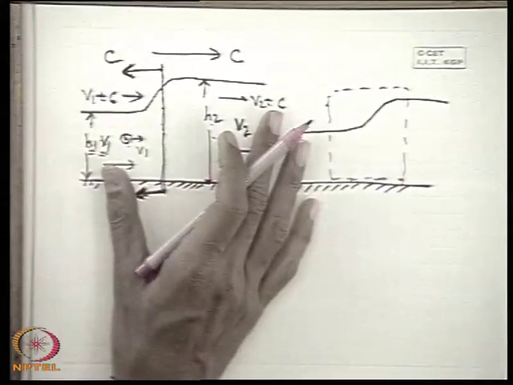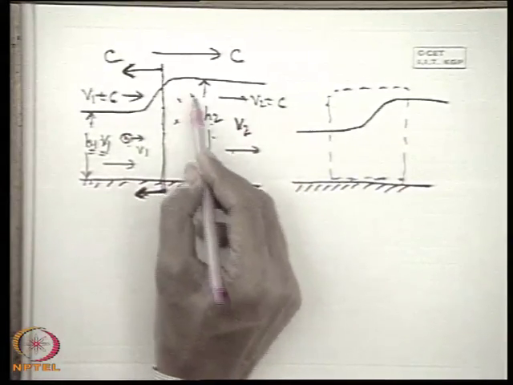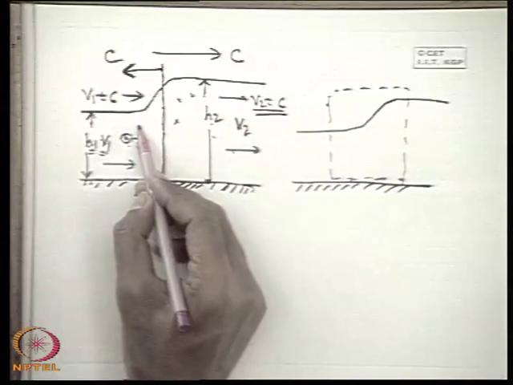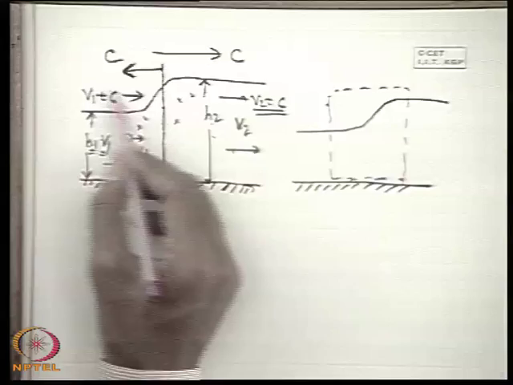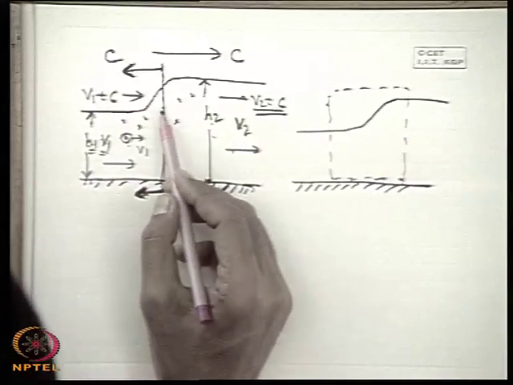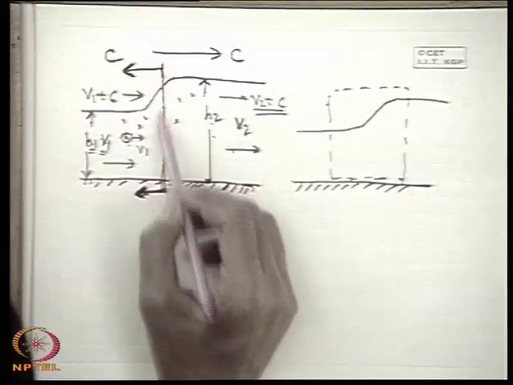Then the flow becomes steady: for all points here the velocity is V2 plus c, invariant with time, and for all points in this region the velocity is V1 plus c, invariant with time.